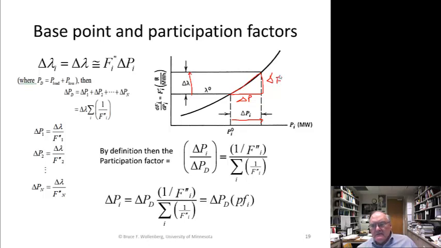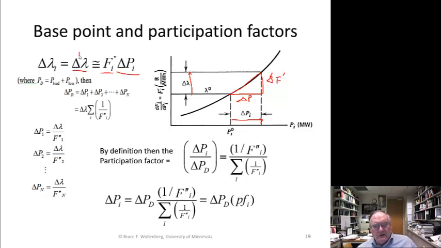This is the change in f prime, the change in the first derivative. Well, then the slope of the incremental is the second derivative. And so given a delta lambda and the second derivative here, I can calculate the delta p.